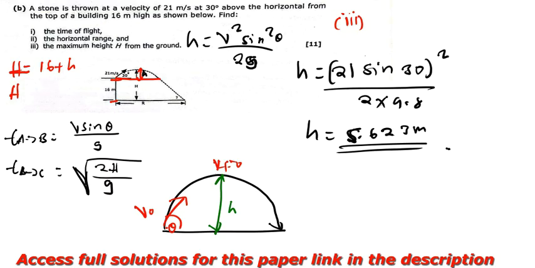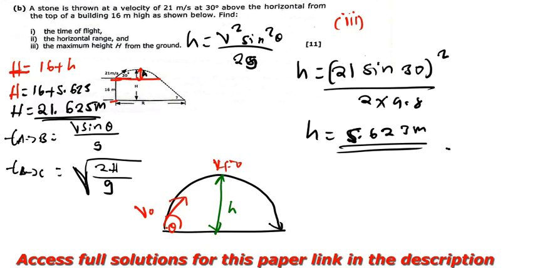Now this h, I need to add it. So I have now 16 plus 5.623. So my h is 21.625 meters. If you want, you can round it off and say it is 21.63.